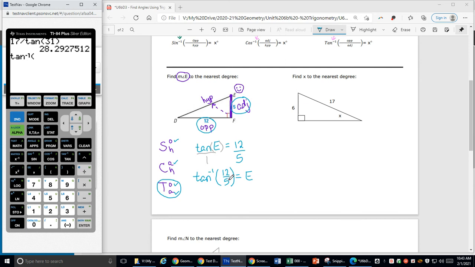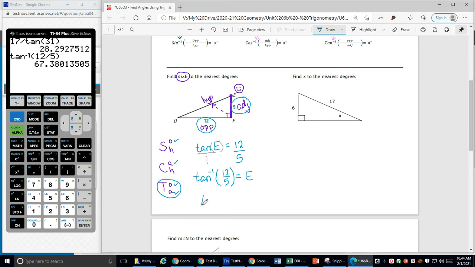I want the inverse tangent of 12 over 5. So 12 divided by 5. And then I'm going to close my parentheses, even though I may or may not need it. I'm going to close my parentheses, put that seatbelt on, and when I hit enter, I'm going to get the answer for E. Angle E is 67.3801 and so on, degrees.